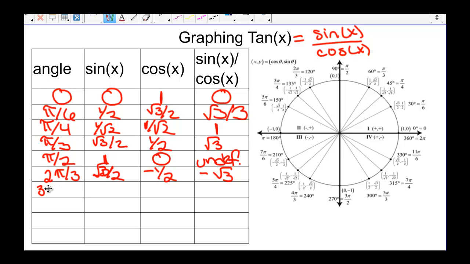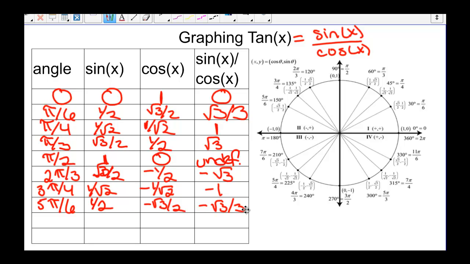At 3 pi over 4, we have 1 over square root of 2 for sine, negative 1 over square root of 2 for cosine, which gives us negative 1. At 5 pi over 6, we get 1/2 for sine, negative square root of 3 over 2 for cosine, so we get negative square root of 3 over 3 for sine divided by cosine.